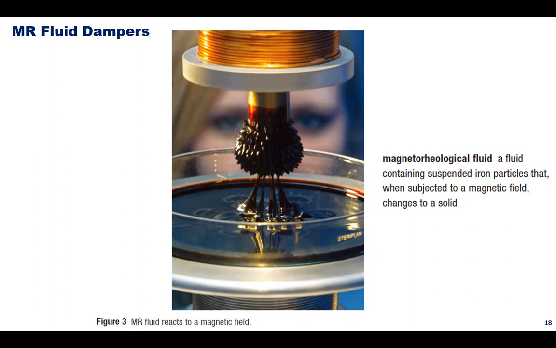Architects and engineers have long known that for a structure to withstand the seismic waves of an earthquake, the structure must be flexible, not rigid. The MR fluid is a material that can change state from solid to liquid and back to solid again using a magnetic field, which is shown here in figure 3.